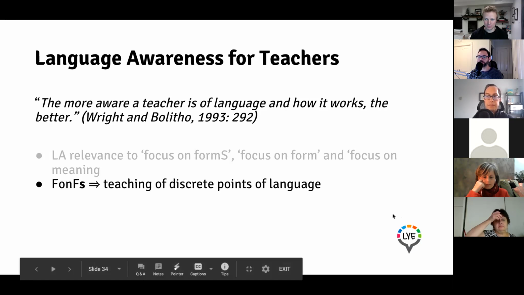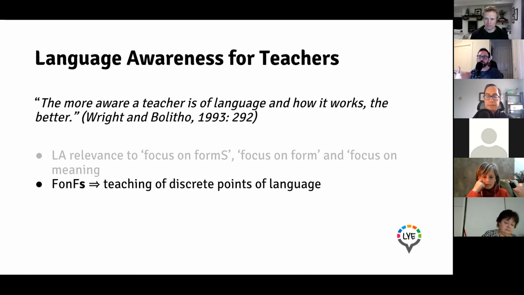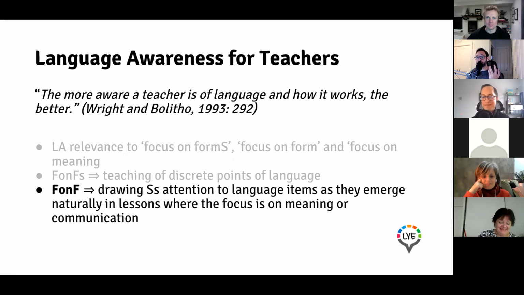Focus on forms is what we do with PPP, where the teacher presents the rule or the language, the teacher practices the rule or the language, and then in the last P, they pray that the students will actually use the language. Whereas a focus on form is more reactive.